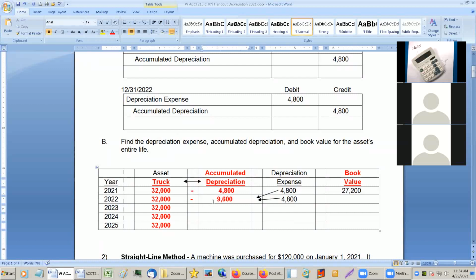So 32,000 minus 9,600 will give us the new book value.